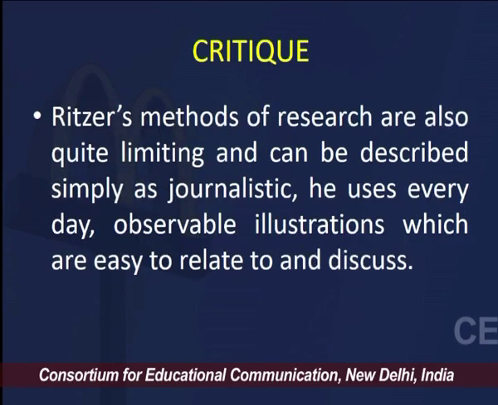Ritzer's methods of research are also quite limited and can be described simply as journalistic. He uses everyday observable illustrations which are easy to relate to and discuss. So he is giving us a top-down approach, where you see that people are going to these McDonaldized setups, consuming and coming back.